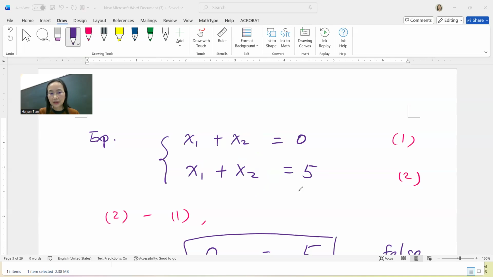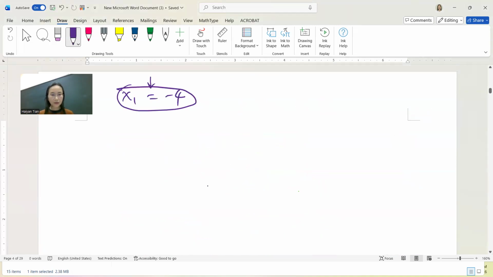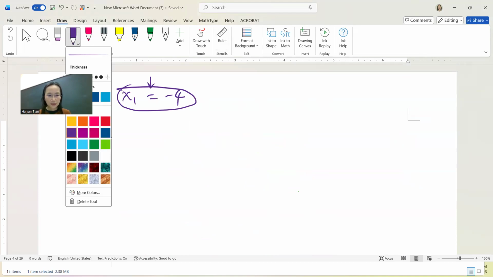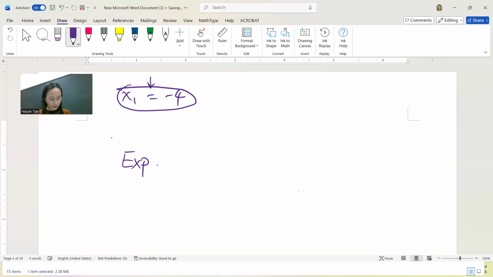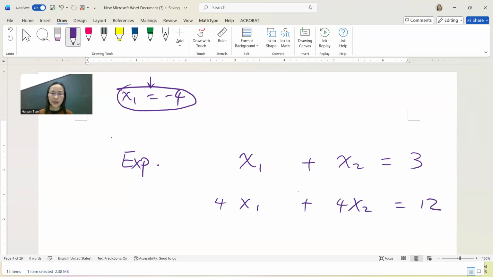And sometimes we have a unique solution, like the second example shows. But can we have more solutions? So if we look at some other examples, if I have still two variables, let's say x1, x2, and then suppose I have 4x1, 4x2, I have again two equations.